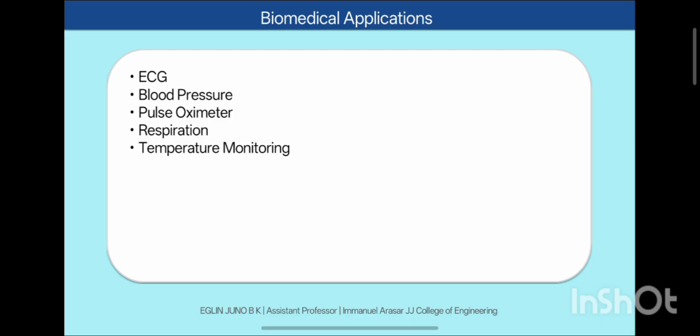EMG measures the electrical activity of the muscles. Also the pulse oximeter, blood pressure monitor, ultrasound scanner, digital thermometer. In a digital thermometer, thermal transducers are used to measure body temperature accurately. Without transducers, these medical devices would not be able to collect patient data.